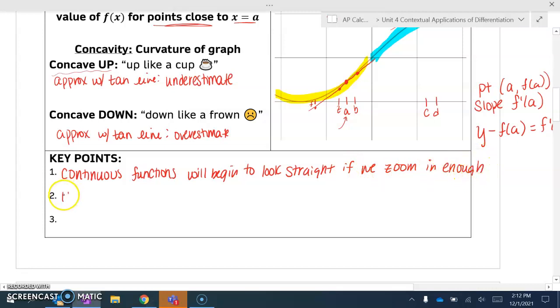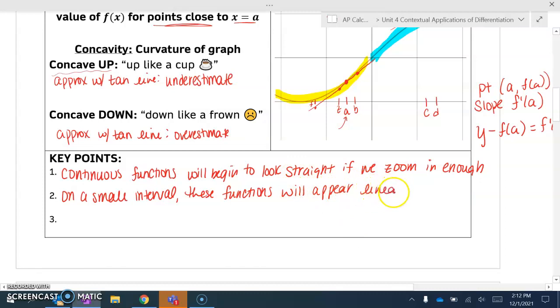On a small interval, these functions will appear linear. And like I said, that's why we use the word local linearity, because we're looking nearby for the approximation. You don't want to go super far away because then it won't be a good approximation. And we're using the linear tangent line to do that approximation.